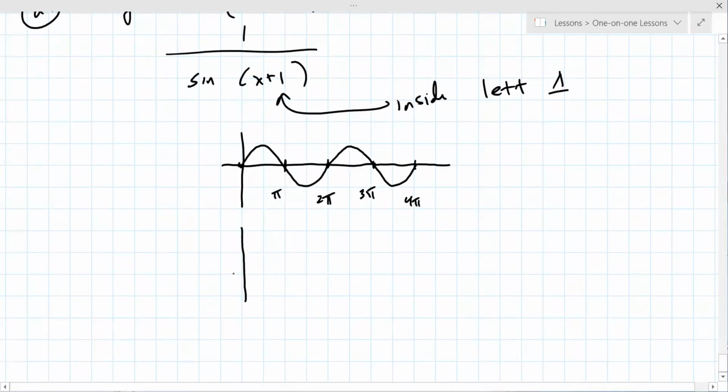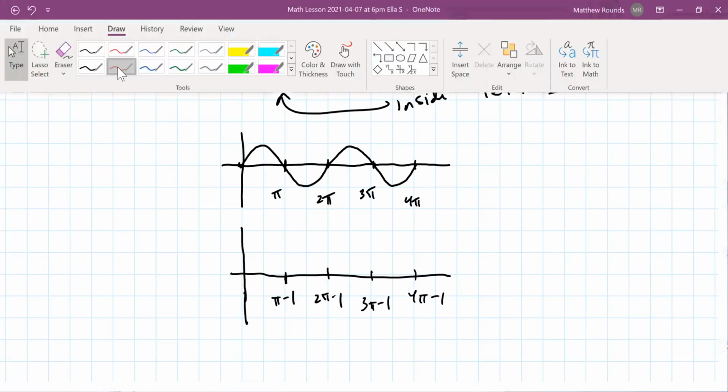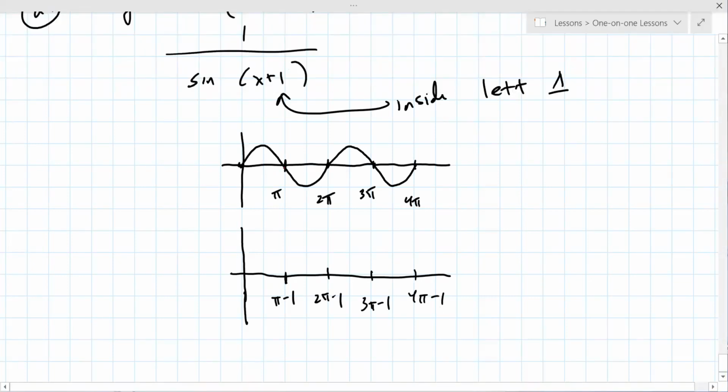Left 1, well, that's weird, because here's what it ends up being, and this is where you can kind of cheat, and I mean that in a good way. You could just relabel this as pi minus 1. This point becomes 2 pi minus 1. This would be 3 pi minus 1, and this is 4 pi minus 1. You can actually just graph the same thing. The instructor probably won't like that. So what you have to figure out is, if this whole thing is pi, then one of these squares is pi over 2.